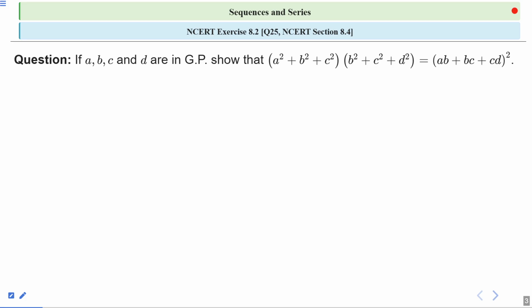Then use second term divided by first term equal to fourth term divided by third term, and then start from AB plus BC plus CD whole square. Try to solve this problem first, you have 1 minute. Try it yourself first and then we will provide the solution.